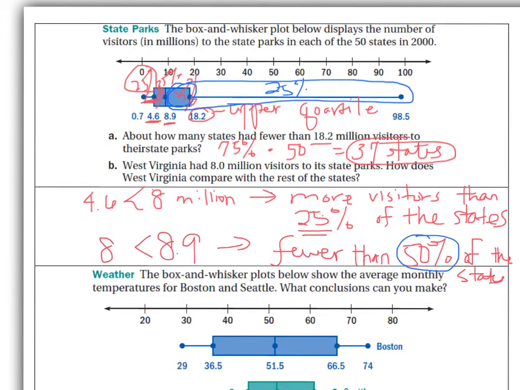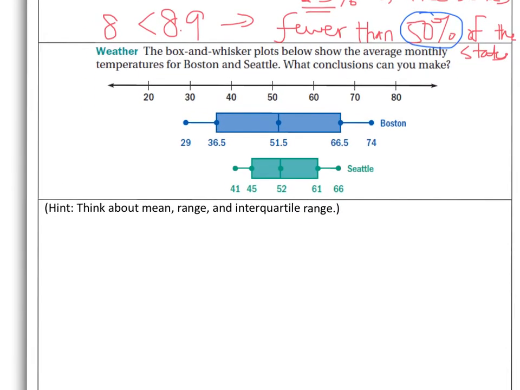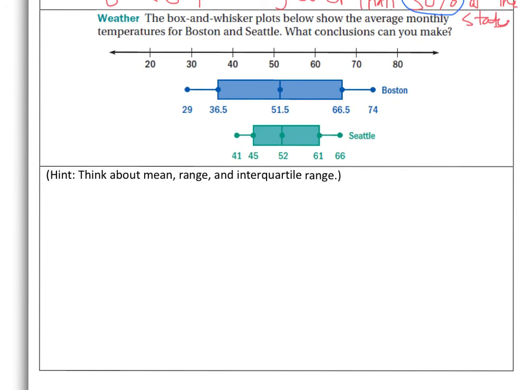Okay, let's take a look at one more example. Weather. The box and whisker plots below show the average monthly temperatures for Boston and Seattle. What conclusions can you make? So here we have Boston, Seattle. Okay, so in this case, we need to think about the mean. Actually, the median. This must be a typo. So let me go ahead and erase that.